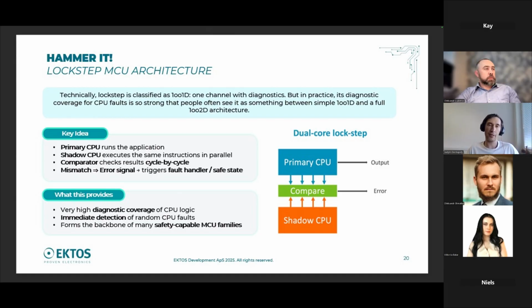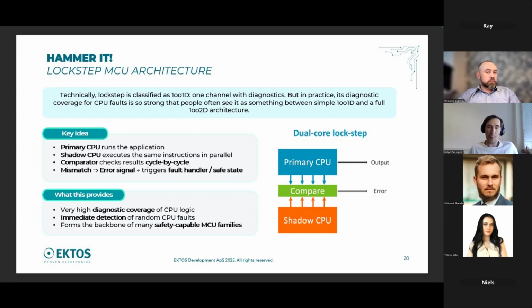These two cores execute the same code instructions, and between them is a comparator which compares the results of each program line. And if the result is incorrect, it generates a hard fault, and it allows you to transit your system to the safe state by detecting these errors.